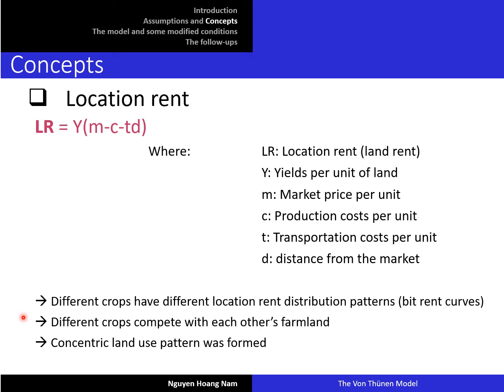Yes, because we have to choose the one with the highest location rent because we want to maximize our economic benefit. The higher location rent means the higher net return, and it's also a higher economic rent. A concentric land use pattern was formed, and I've just explained about it.